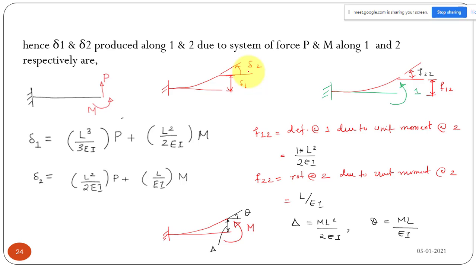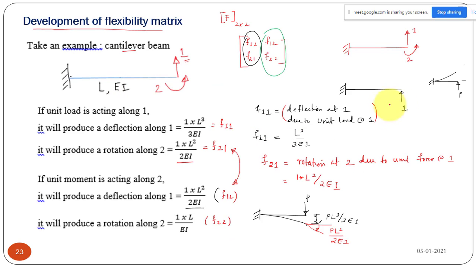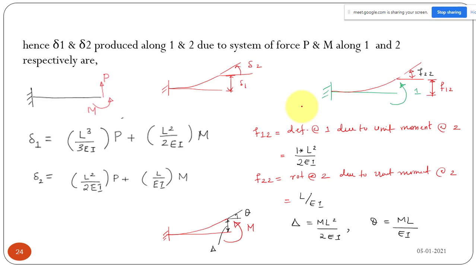So you can also write it directly: delta 1 is equal to, due to unit load, the deflection L cube by 3EI, and when you have P, that is P into L cube by 3EI, plus due to unit moment the deflection L square by 2EI, so due to moment M, ML square by 2EI, and this is equal to delta 2.